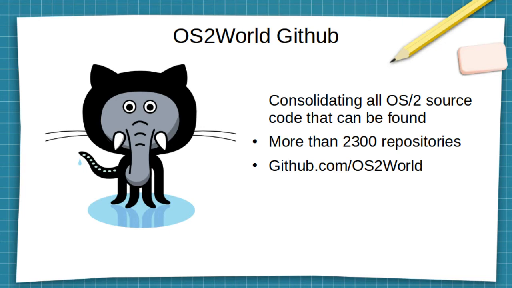But the good thing is that the source code is more available. It can be searchable, and it can be indexed online so it can be found. So it has more visibility, and everybody likes Git for storing source code. I try to put everything that is legally possible available there on the GitHub.